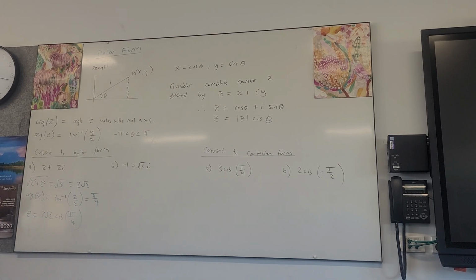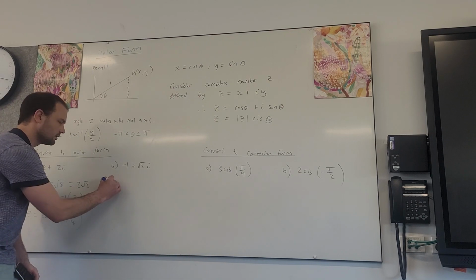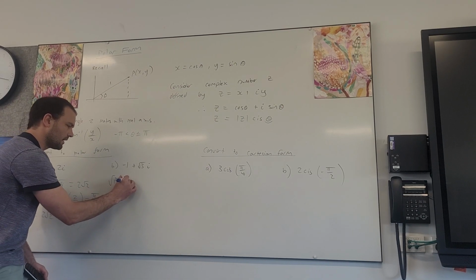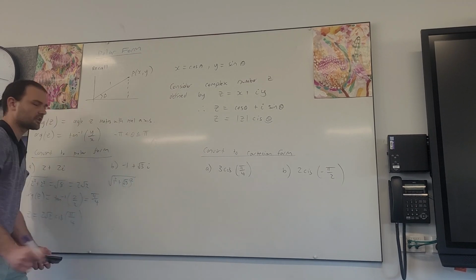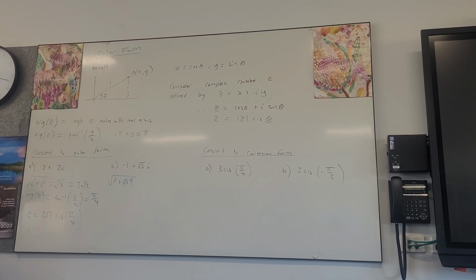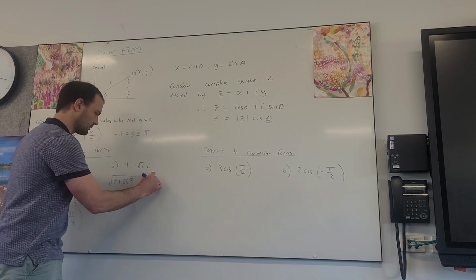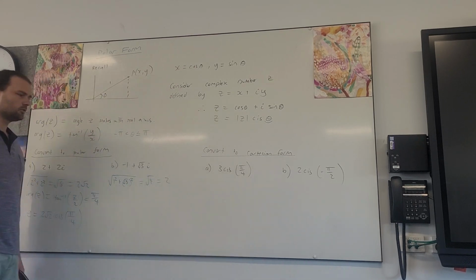We have minus 1 plus root 3i. So to find the modulus, we're going to have the square root of 1 squared plus root 3 squared. Remember direction doesn't matter when we're talking about modulus. We don't need to consider the negative 1. And so this is going to be the square root of 4, which is 2.